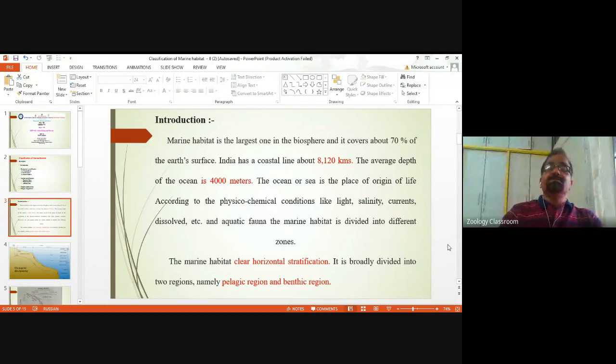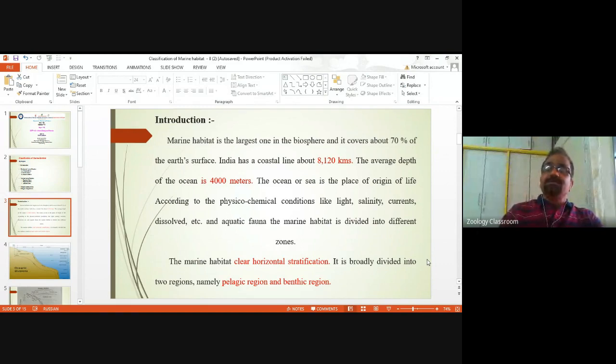The biosphere is the area on the earth where life exists. It may be in the atmosphere, it may be terrestrial, it may be aquatic. All of it constitutes the biosphere, but within this biosphere, the marine habitat is the largest one and contributes approximately 70% of the Earth's surface.